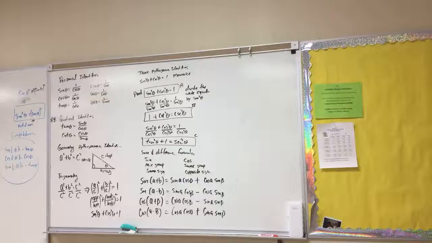Okay. So cosine of theta plus theta. Cosine means same group: cosine theta, cosine theta, sine theta, sine theta, opposite sign, minus, which equals cosine squared theta minus sine squared theta. Got it?